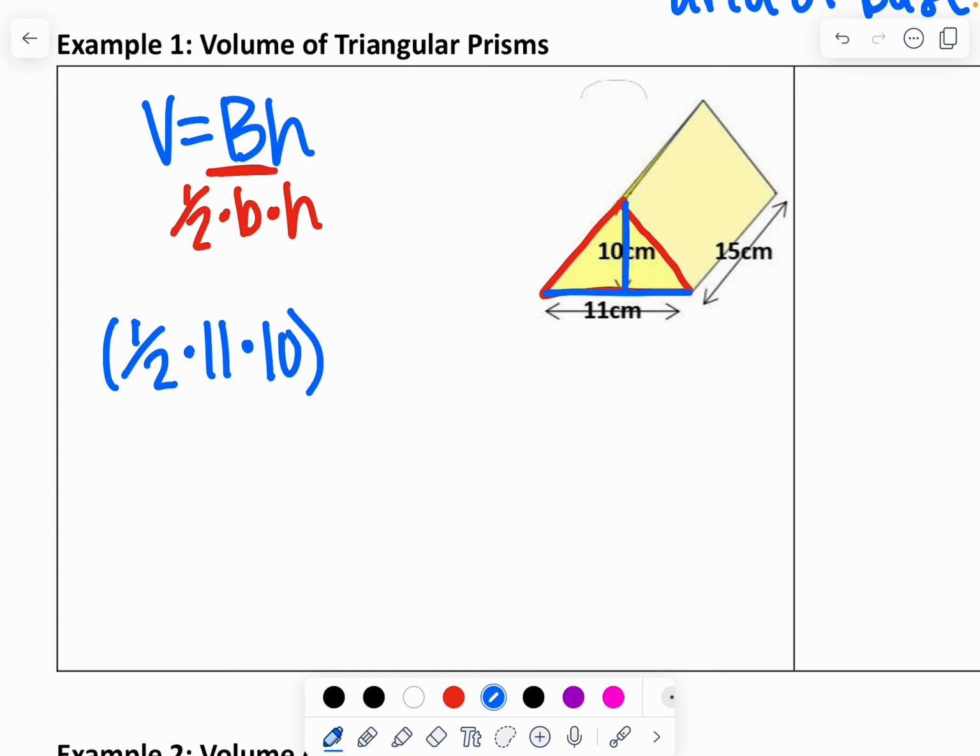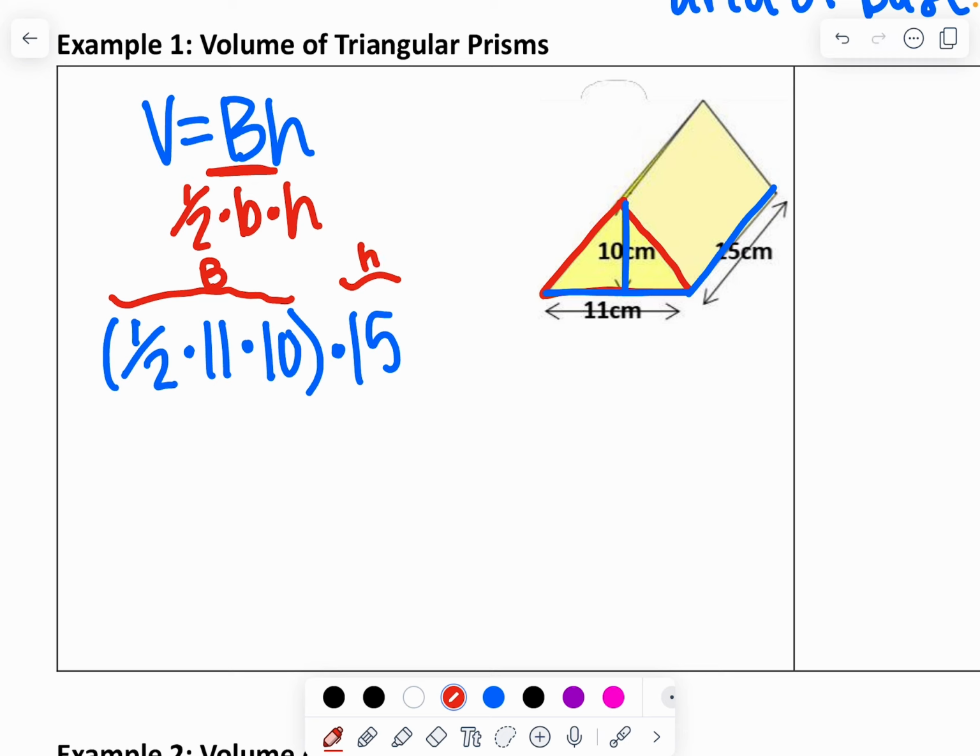So in the parentheses, we have 1/2 times 11 times 10, and that gets me the area of that triangle. And then we multiply by the height of the prism, which is 15. So keep in mind that this is our capital B, and the 15 is our lowercase h.